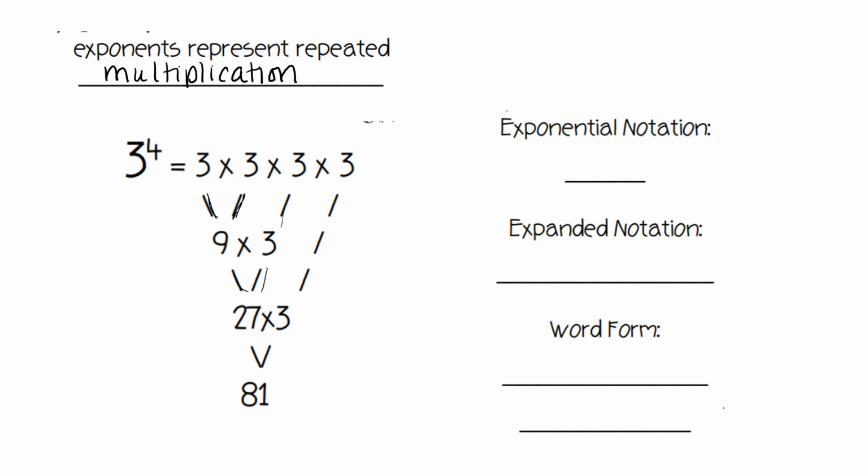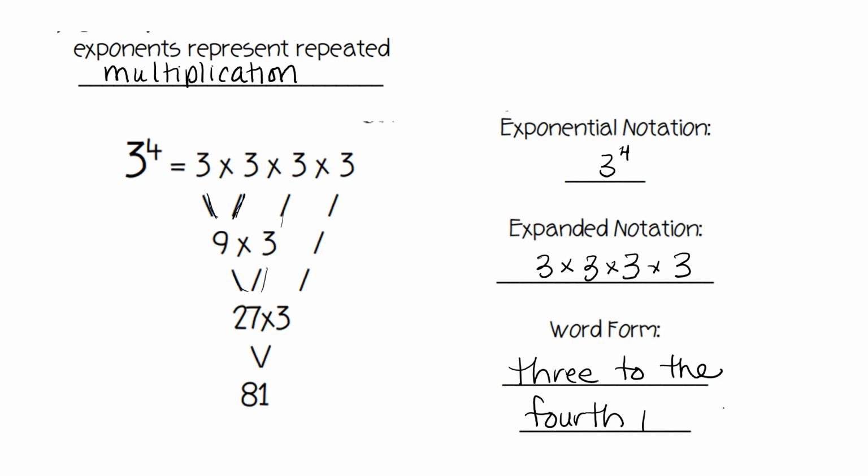When you write your exponent like a power, like 3 to the 4th, that's exponential notation. If you write them like products, all expanded out, that's called expanded notation. And again, in words, this would be 3 to the 4th power.